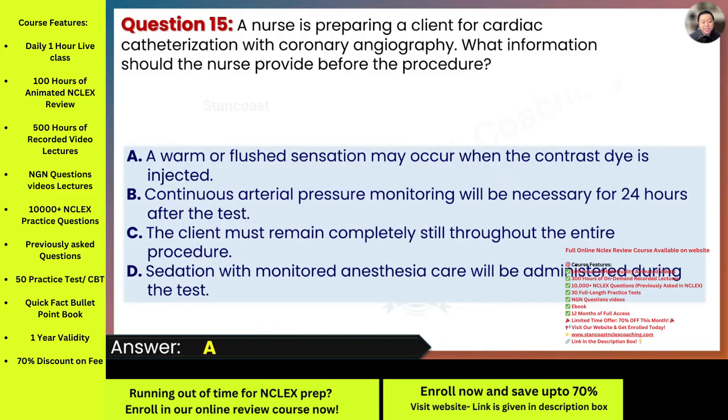Now, what about letter D? Sedation with monitored anesthesia care will be administered during the test. This is incorrect because monitored anesthesia care involves deeper sedation, often with the use of propofol. And this is not usually required unless the patient is unable to tolerate being awake during the procedure.